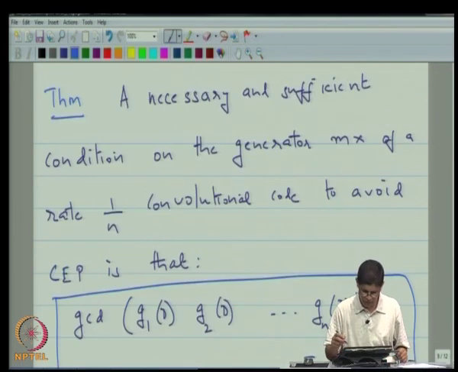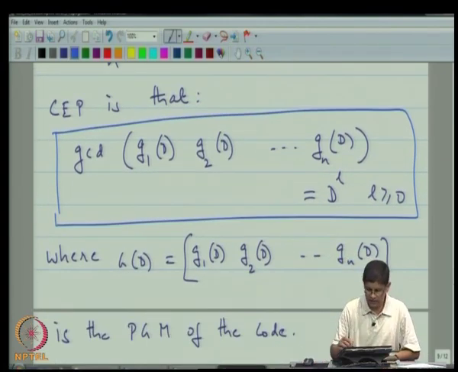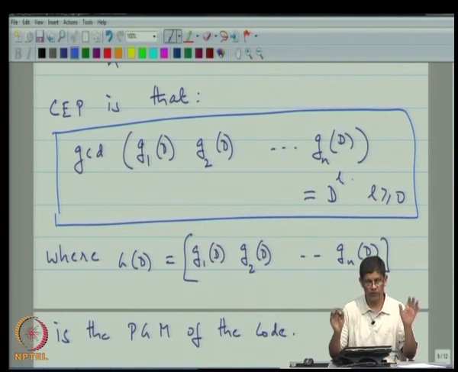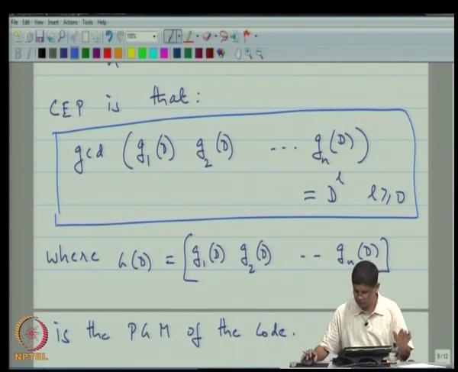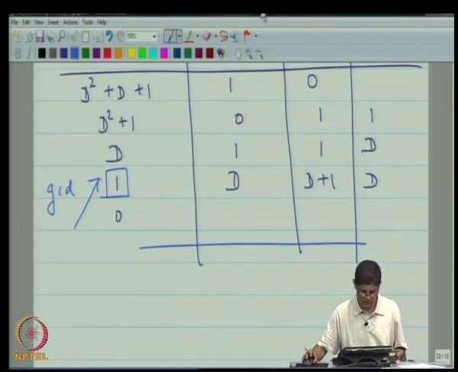Now, according to our theorem, which remains to be proven, as long as the GCD is some power of d, d to the L, where L could be 0, then your code does not have catastrophic error propagation. So, that is the reason why this particular code does not have catastrophic error propagation.